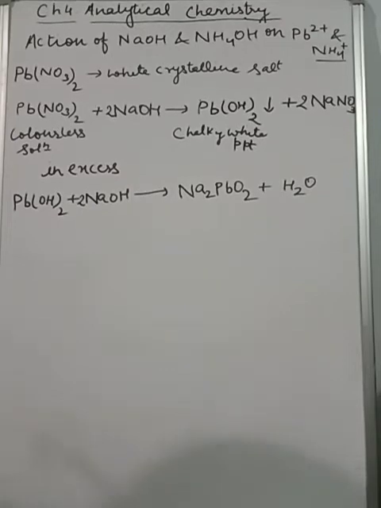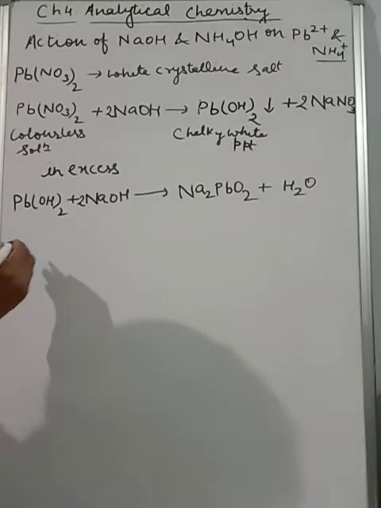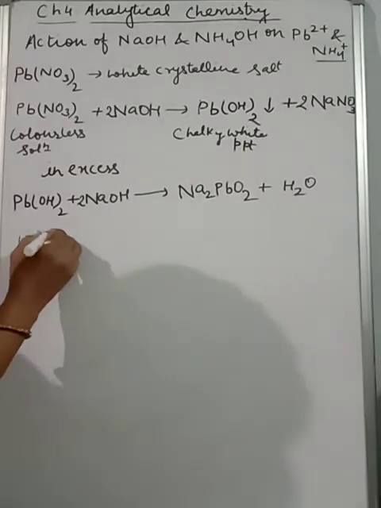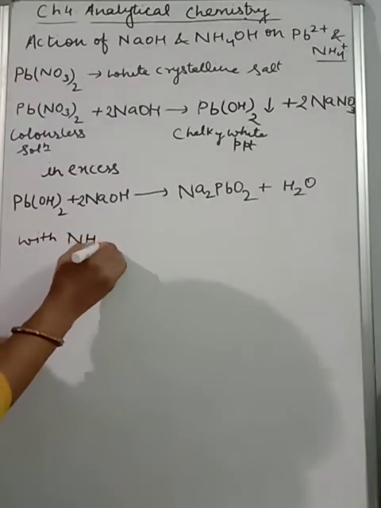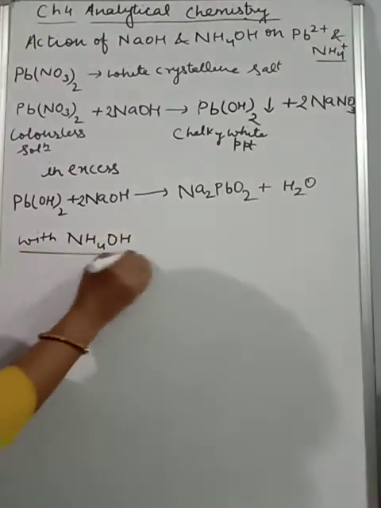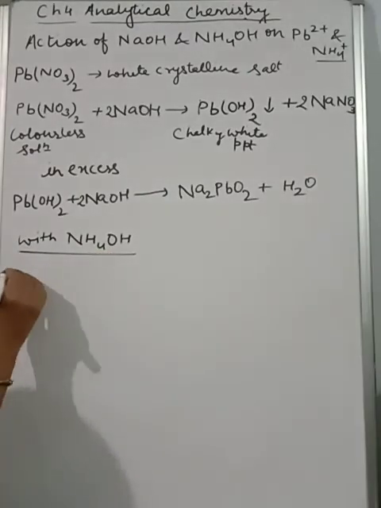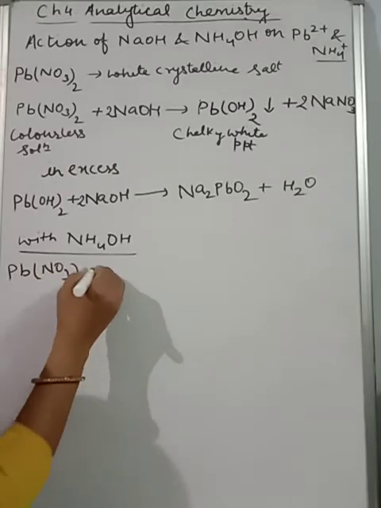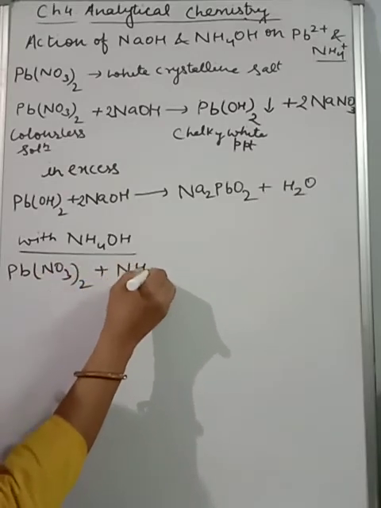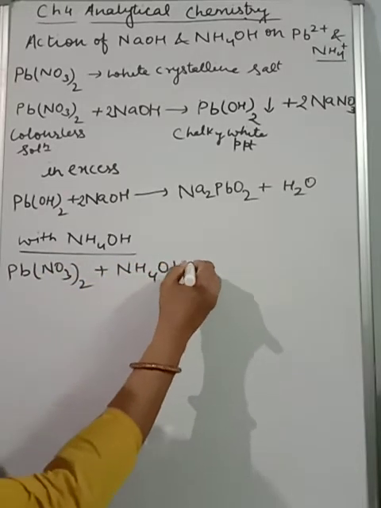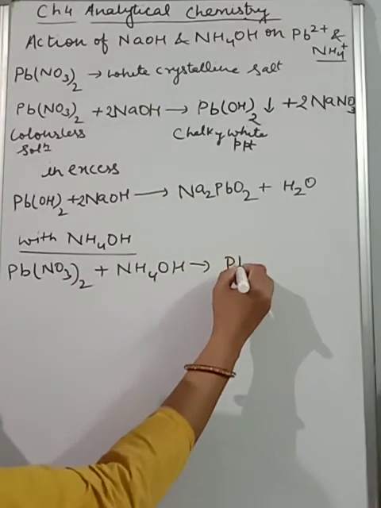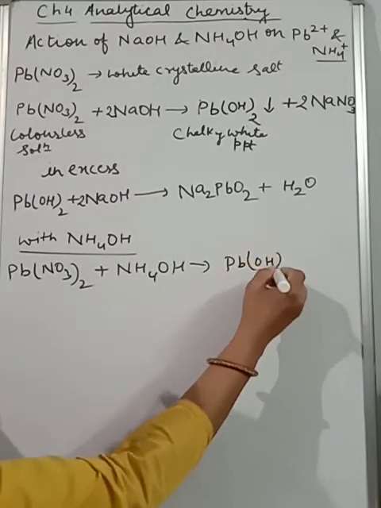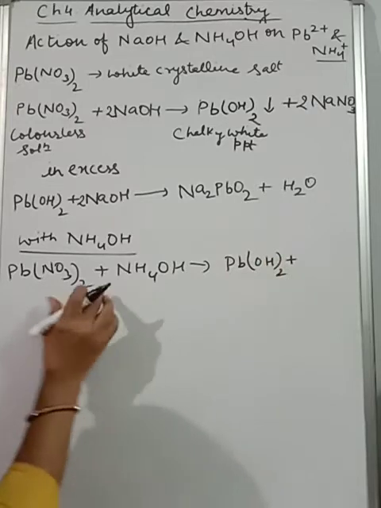this precipitate gets dissolved. Now we are going to do the same with NH4OH. So in this case, again you take lead nitrate solution plus ammonium hydroxide. First we add a few drops, then we get the same precipitate Pb(OH)2, plus the salt will be different.